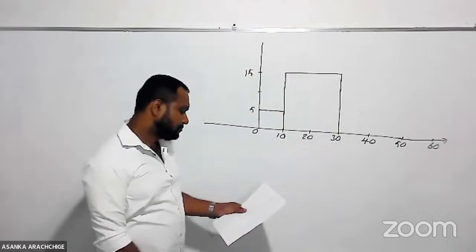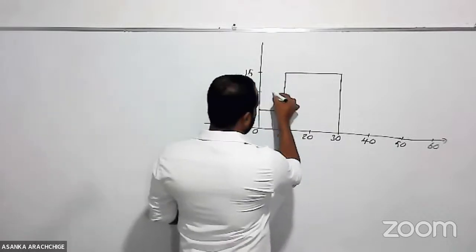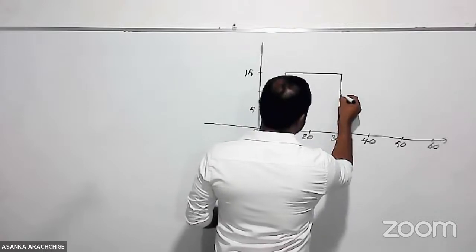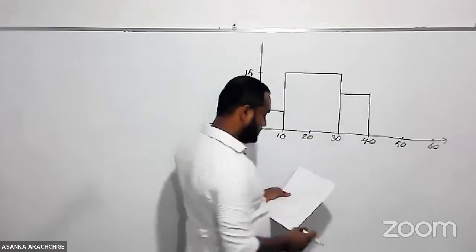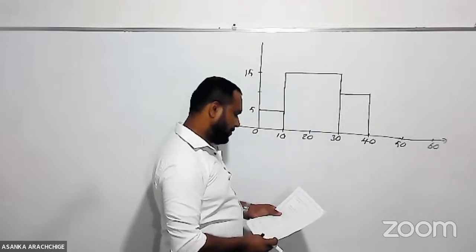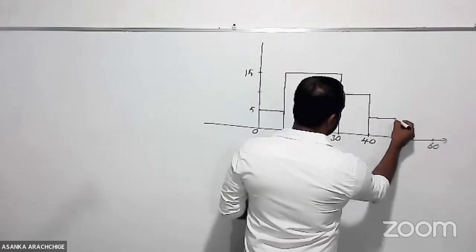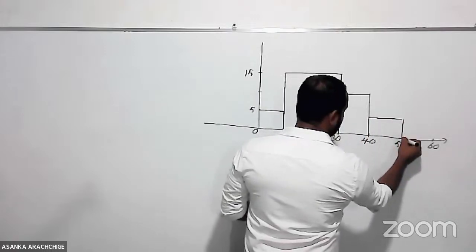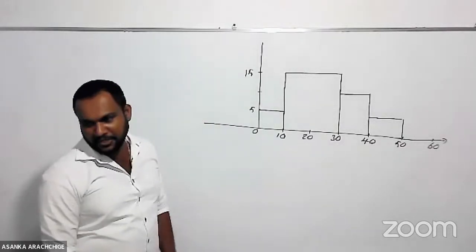Then 30 to 40 is 10, and 40 to 50 is 5. This is the given histogram.